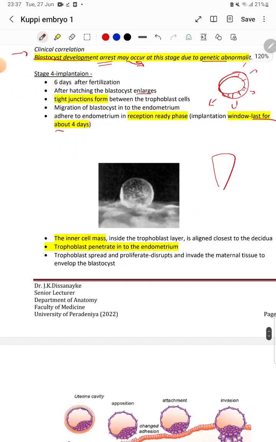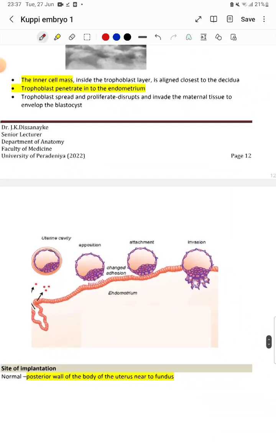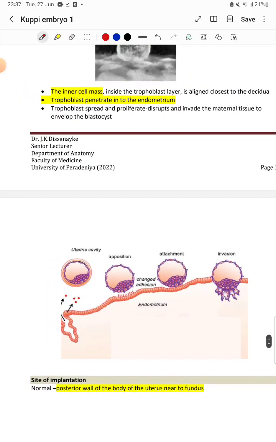And the inner cell mass, when it tries to implant, it's actually a little bit more than just implantation. It sort of involves apposition. So apposition is where it aligns itself into the correct position. It's like when you're hugging someone face to face, you have to face each other, right?